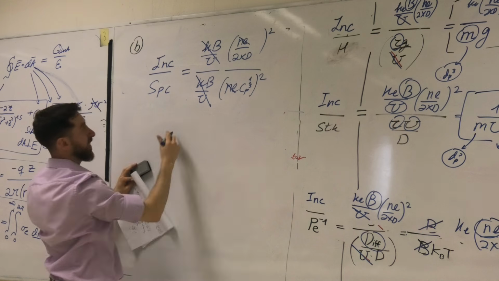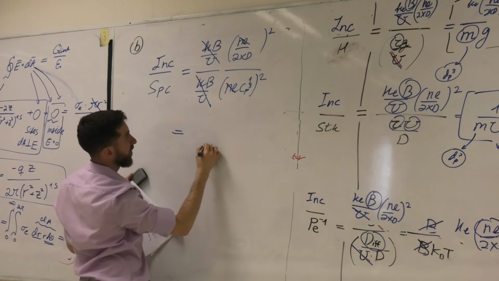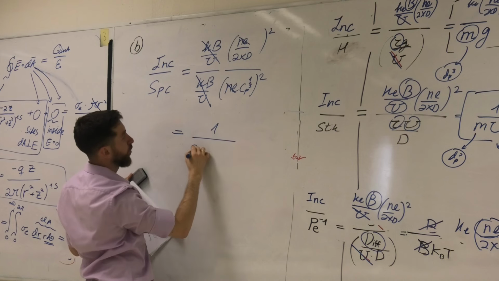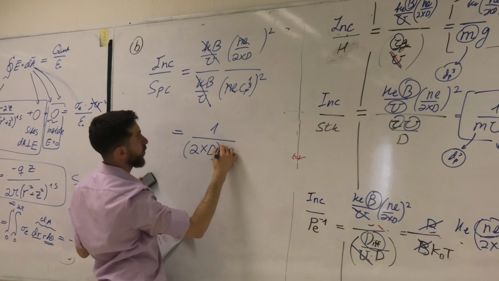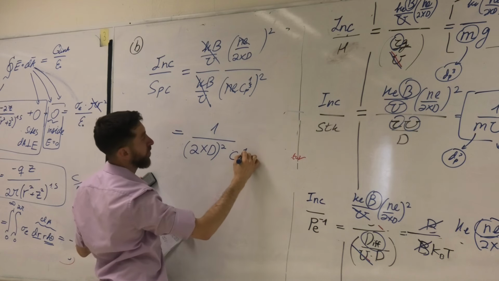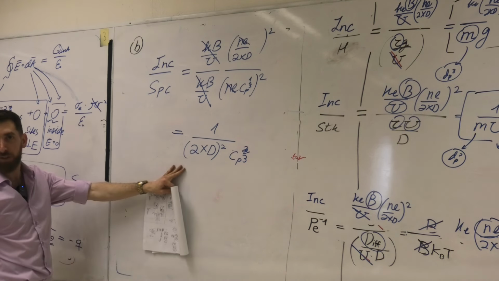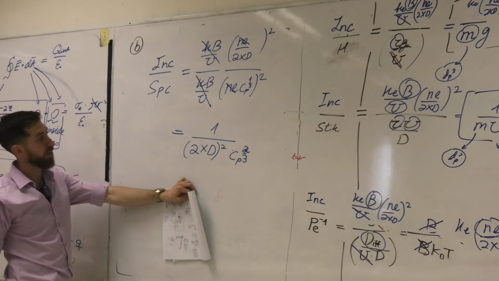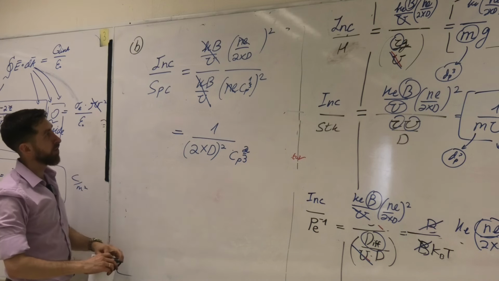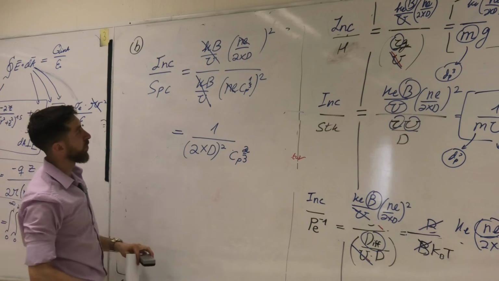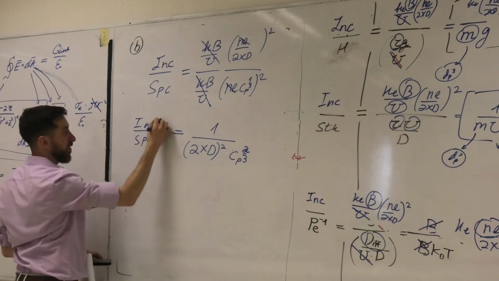NE and NE cancel, and what we are left with is CP, we have 1 over 2XD, right? Squared, CP to the third, 2/3, right? That's what we have, okay? Yes. Yeah, that's what we have. So this is the ratio between image and space.